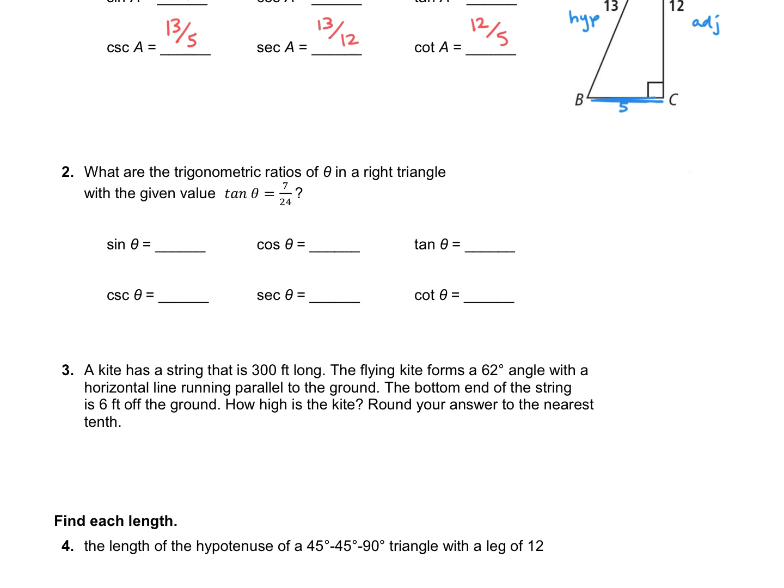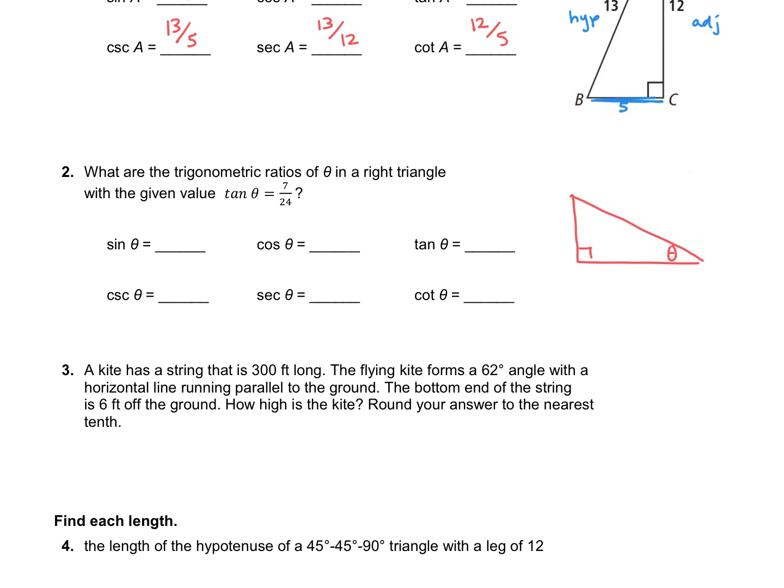So anytime that I'm given information and I don't have a picture, I'm drawing out a picture. I know it's going to be a right triangle. So there's my right angle. We have theta. I'm just going to put theta in that spot right there at this angle of the triangle. It could have been this one. It just won't be the right angle. It's one of the other two angles.